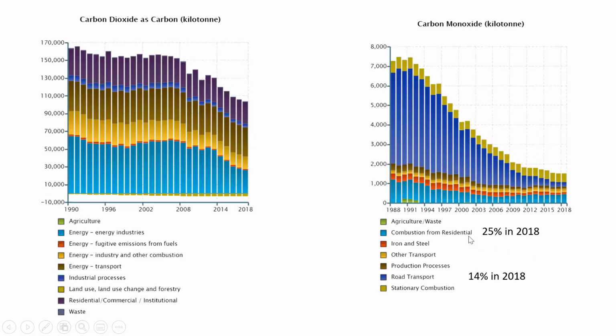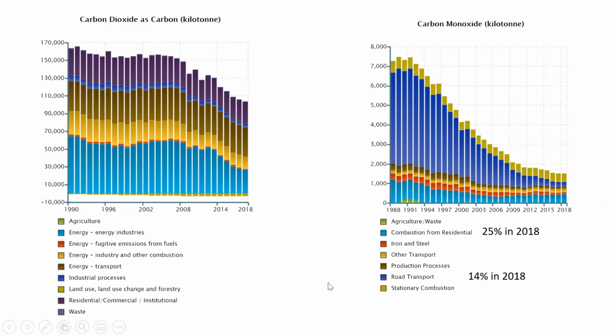We've got large contributions from residential combustion, and also the stationary combustion sector, which is somewhat different. I think in this case it's probably referring to things like generators. Road transport is a much smaller component now. In 2018, road transport only accounts for about 14% of emissions. Going back into the 1990s, it was a much larger component.